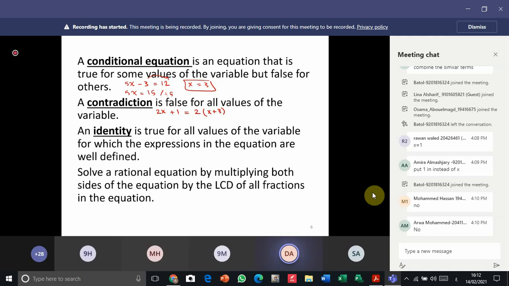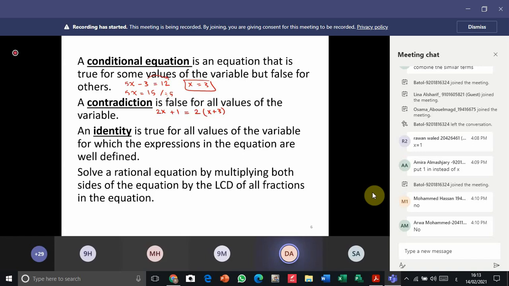Look at this equation. Any value replaced or substituted in this equation, any value, half, 1, minus 1, 0, 4, we don't have a correct equation. The left hand side does not equal the right hand side.